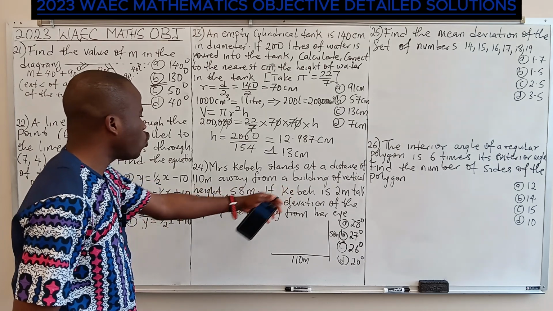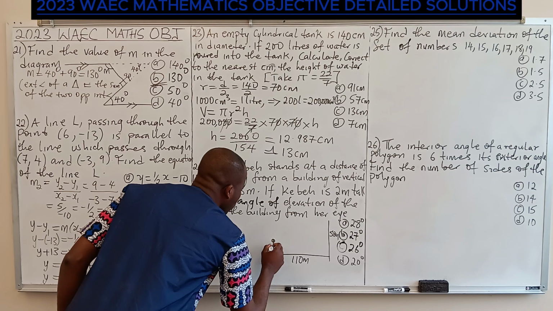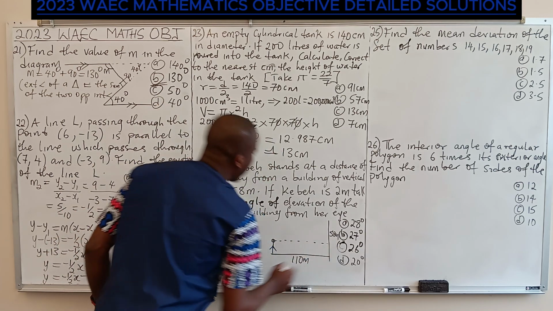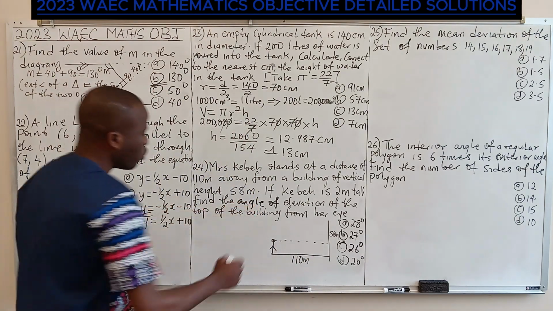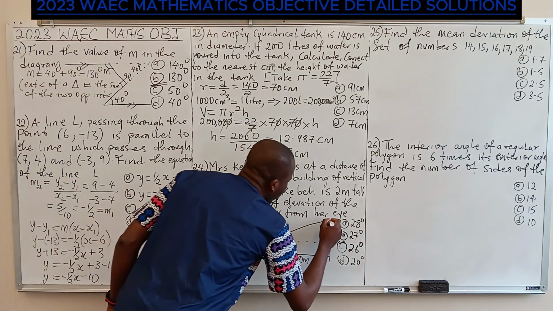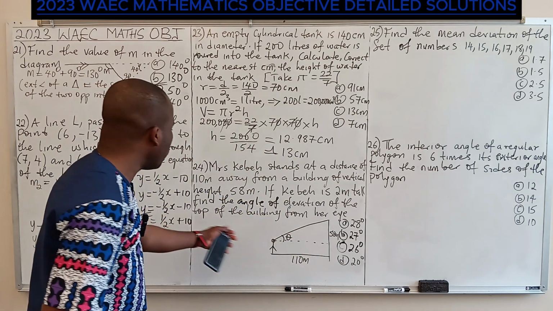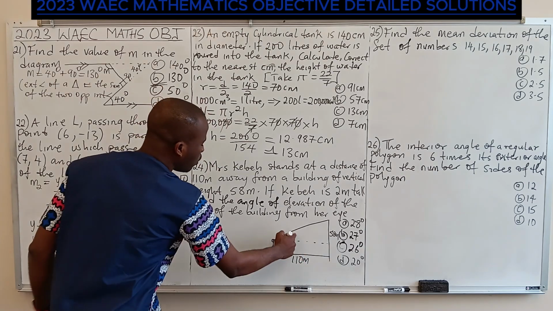If Kebe is 2 meters tall, let this be Kebe, 2 meters tall, and this is her eye level. Find the angle of elevation, let's call it theta, of the top of the building from her eyes. So we're looking for this angle.